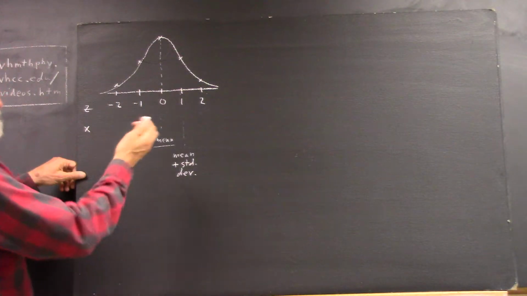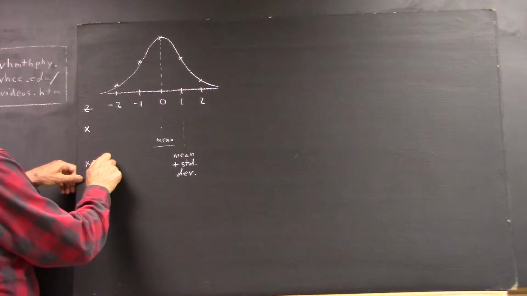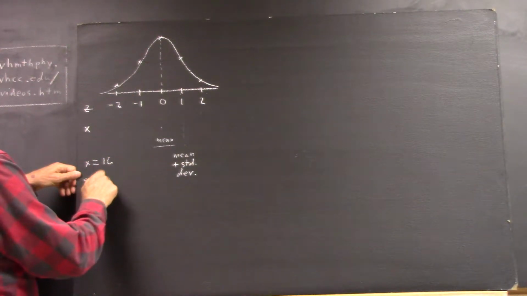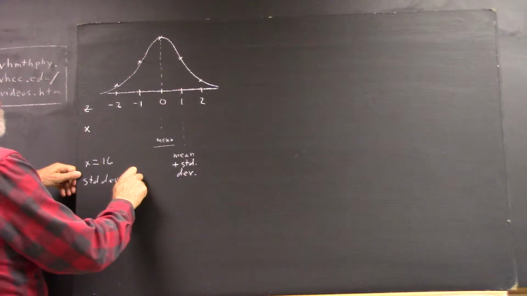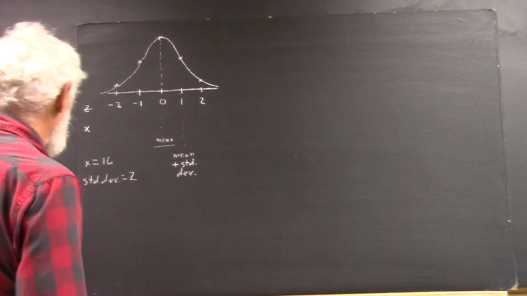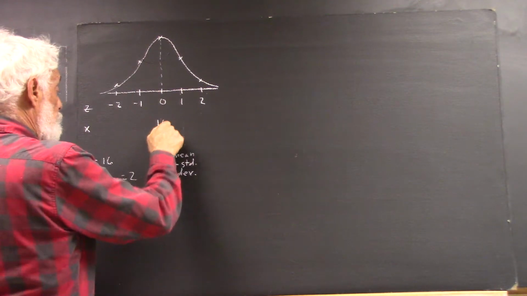So, using an example, let's let the mean of x equal 16 and let the standard deviation equal, let's just say, 2. Well then the mean is 16, which means that 16 goes here.